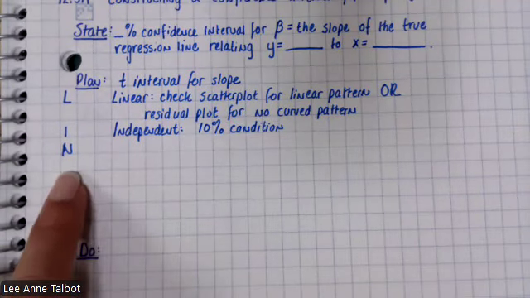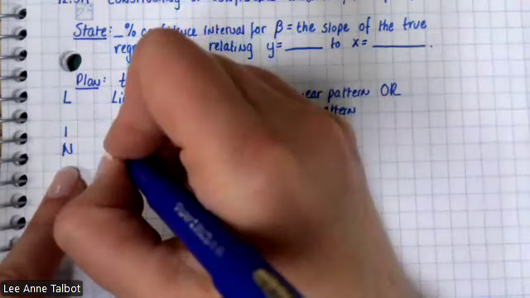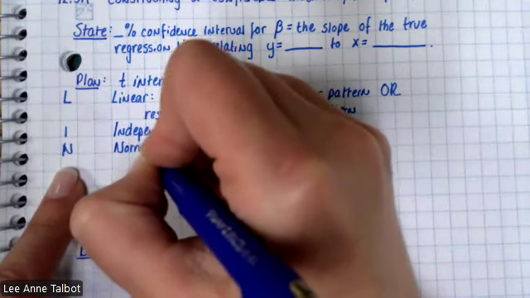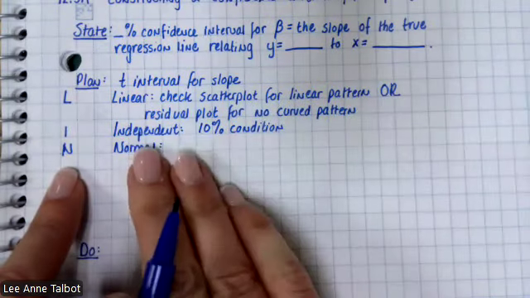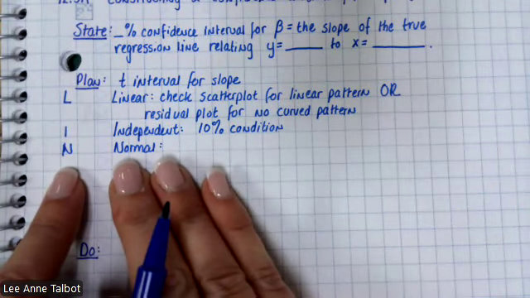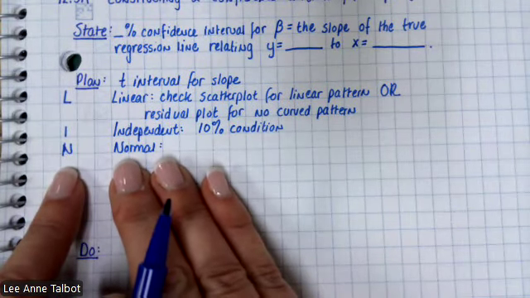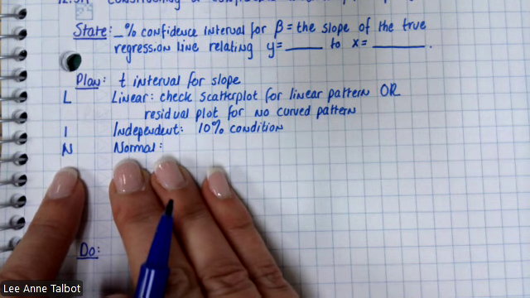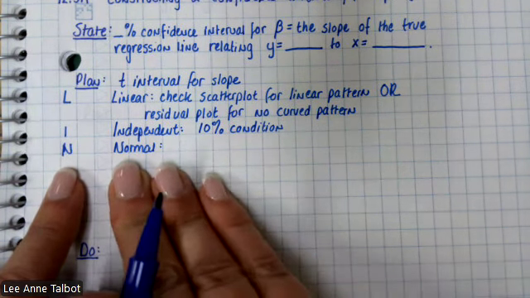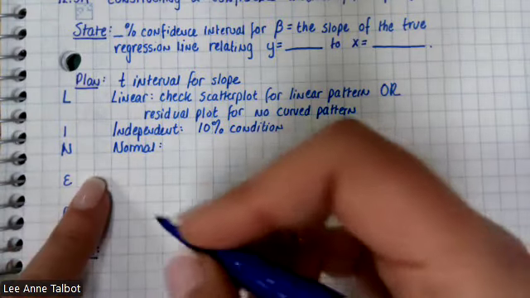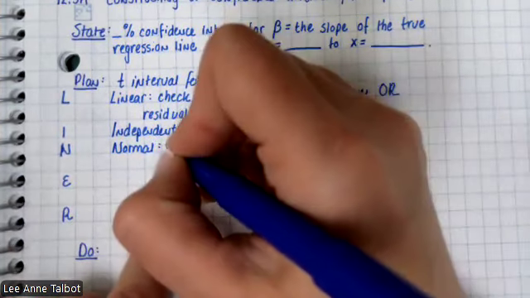Okay, what do you think the N is? Normality. Great. Okay, now in the normal condition, we usually check it, we call it large counts. Large counts and normal is the same thing. And in this case, you need to check the histogram they give you.